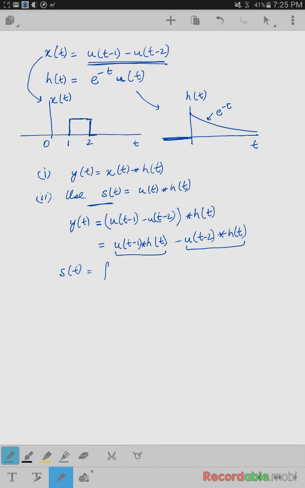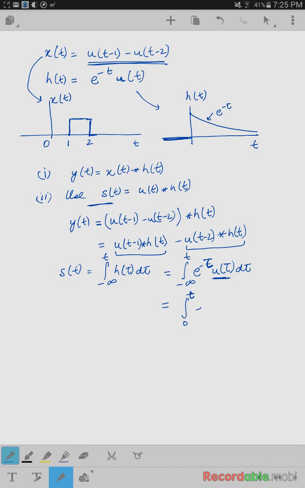As noted before, it's the integral from -infinity to t of h(tau) d tau. And what is that h(tau)? It's e to the power minus tau u(tau), so this is the integral from -infinity to t of e^(-tau) u(tau) d tau. So u(tau) is 0 for all values of tau less than 0, so this is the integral from 0 to t, because the product will also be 0 for those values.